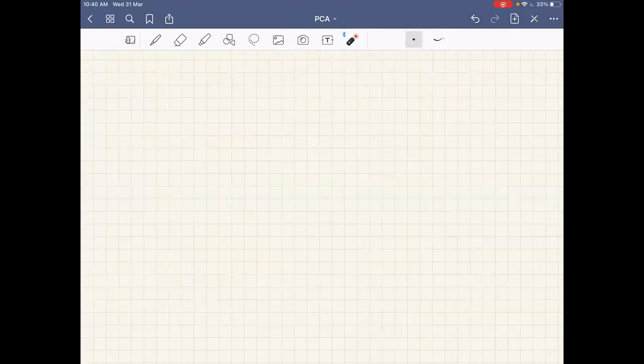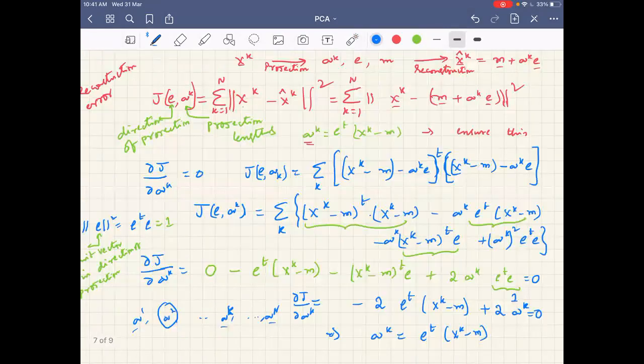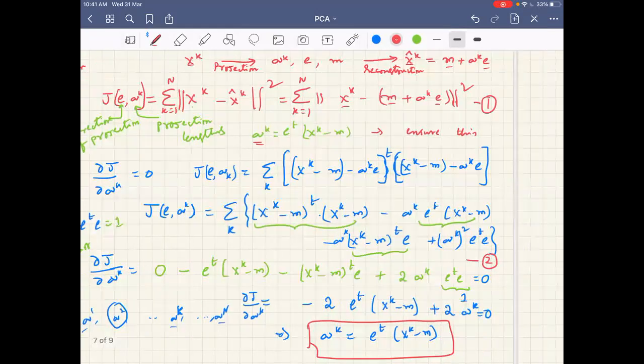So now J is a function of E comma AK anyway, fine. And we derived AK. Let this also be in memory. Okay, so now let us see. I will directly take it from here. Let this be equation 1 and this be 2. Okay, so now from this equation I am trying to substitute this AK, whatever I have got.